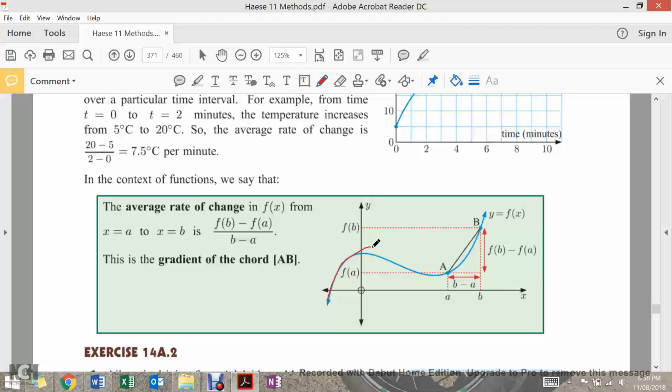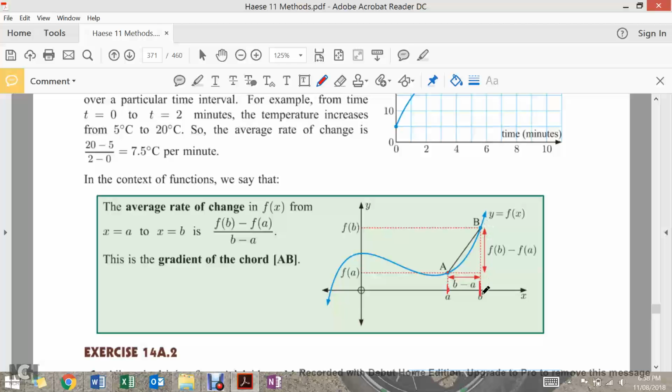So we've got our function here, this squiggly line, and we want to find the average rate of change between x equals a, this point here, and x equals b, this point here. The corresponding y value at x equals a is f of a. We plug our a value into our function and we get that point there.